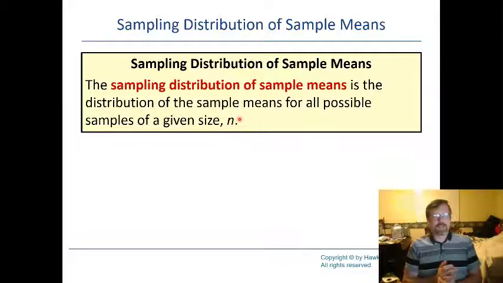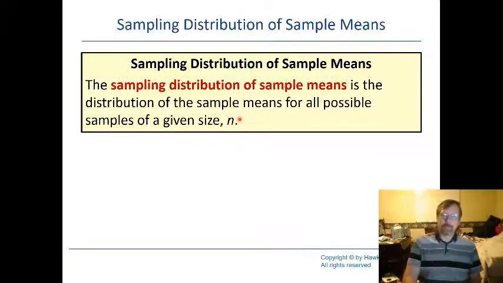More specifically, we'll talk about the sampling distribution of sample means. So in our example of Marietta, we've got our groups of 500 people we sampled. The average result for each group would be, of course, the mean for that sample. If we collect all the means for all those samples, then we've got a distribution of means, of sample means. And that's our sampling distribution of sample means. Okay.